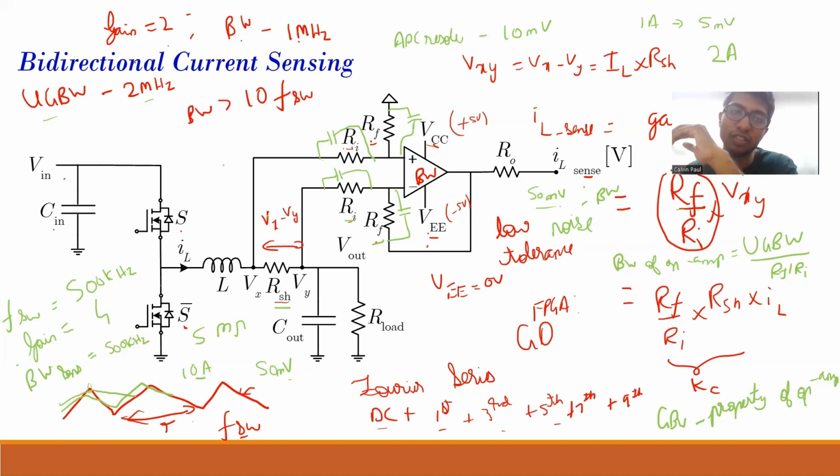The main thing you require in sensing is a high signal to noise ratio. For that you use these filtering capacitors to reduce the noise, as well as higher gain, so that the signal is at a higher magnitude compared to your noise. So the noise won't dominate, your signal will dominate.